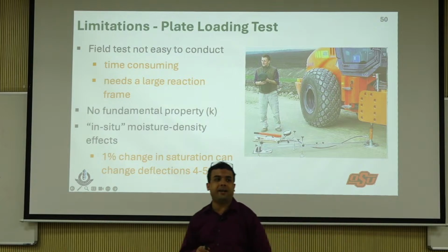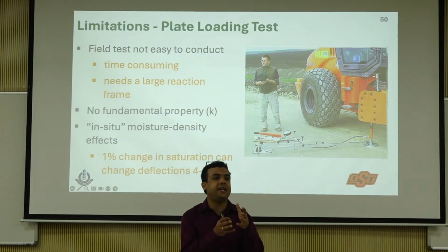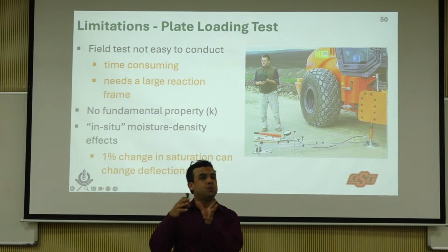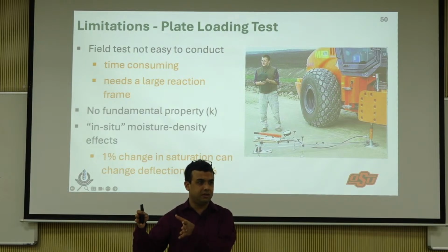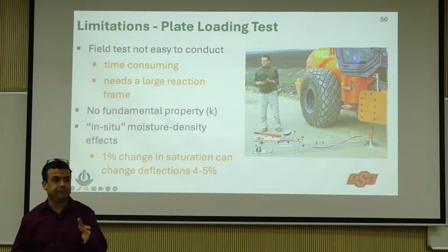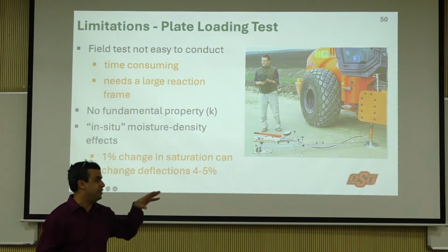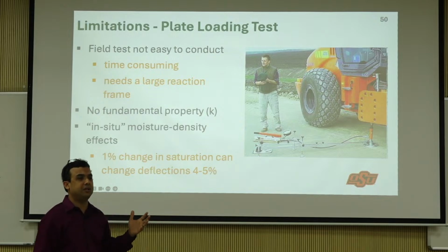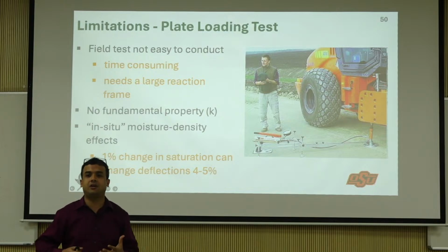another very common approach is relating resilient modulus to modulus of subgrade reaction. There is a factor of 19.4 actually they use. There is a reason why I had slides, but I deleted them because we don't have time for all of that. Let me ask you this: when you are measuring modulus of subgrade reaction, like when you're measuring K, are you measuring elastic or plastic?